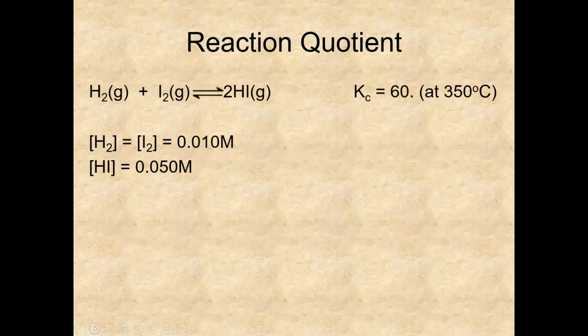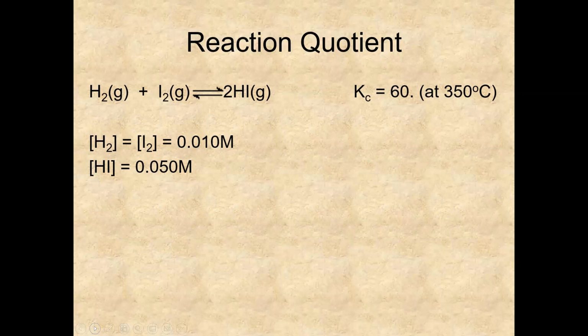So here's an example where we can do reaction quotient. So here we have hydrogen and iodine producing hydrogen iodide gas. It tells us that the K for this equation, so using equilibrium values, K is going to be 60 at 350 degrees Celsius.